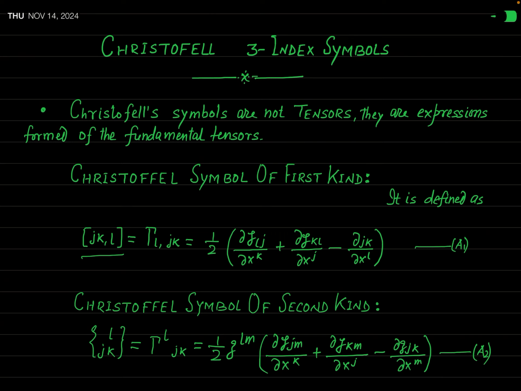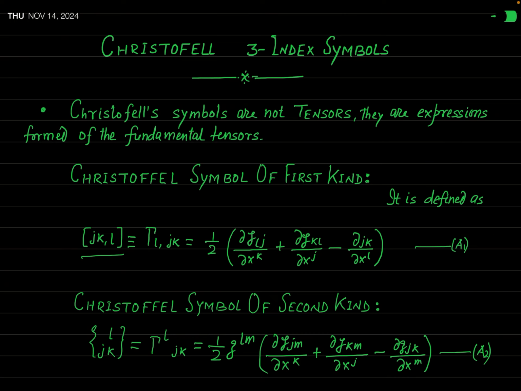Here, j and k are associated. There should not be any comma between j and k. And this is just equivalent to gamma l jk, l comma jk. You can see here that l and jk here are covariant indices.